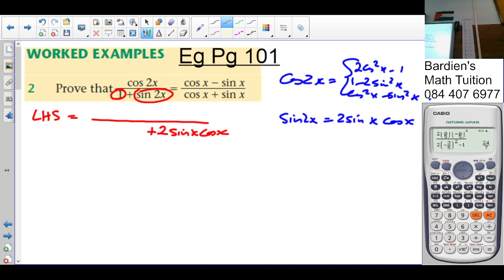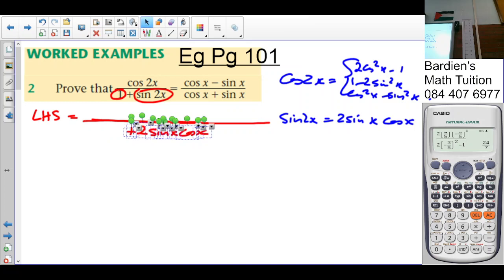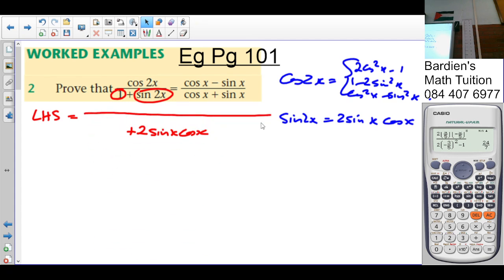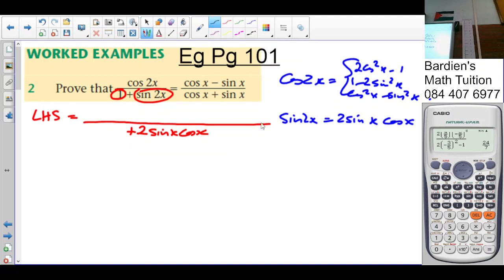So write that in. That 1, we see it can be written as sine squared x plus cos squared x.